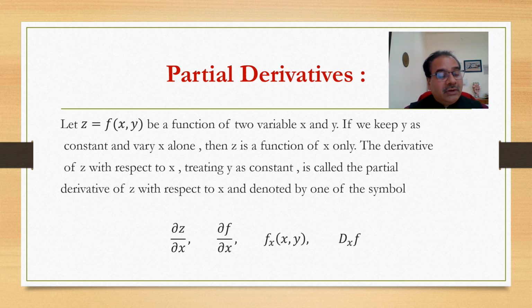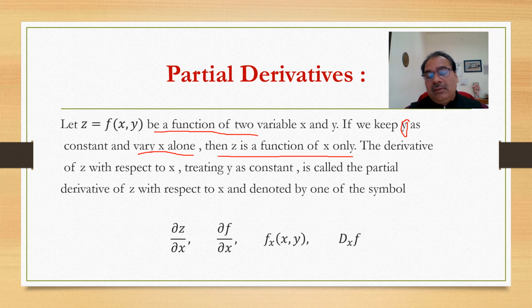We already discussed functions of two variables. Let z equal f of x, y be a function of two variables, x and y. If we keep y constant and vary x alone, then z is a function of x only.